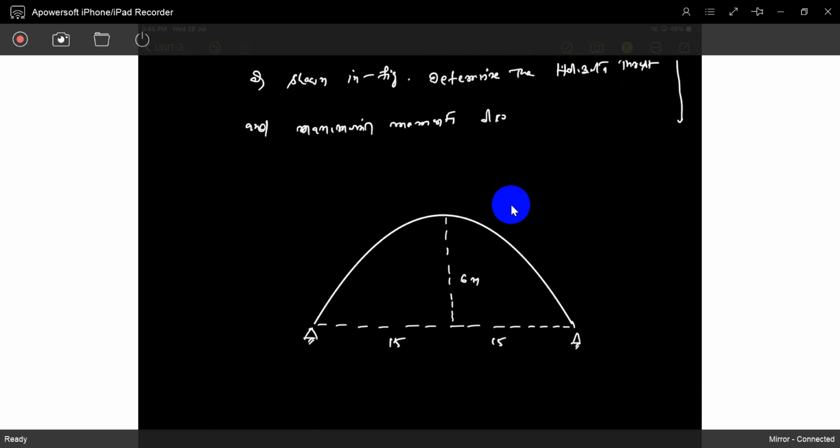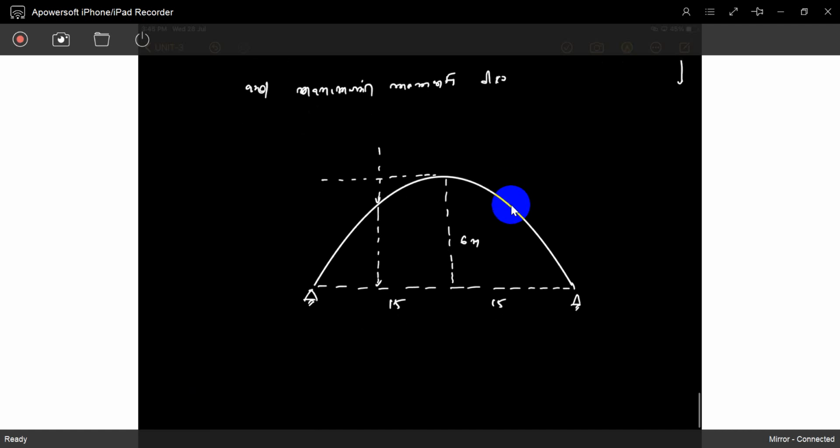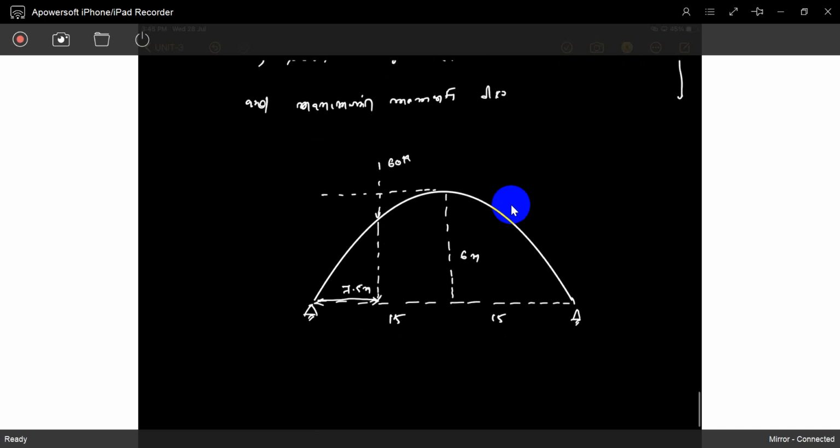Okay, and now some load is acting at this location. What is that location? It is 7.5 meters. Okay, so the load is 60 kilonewtons.